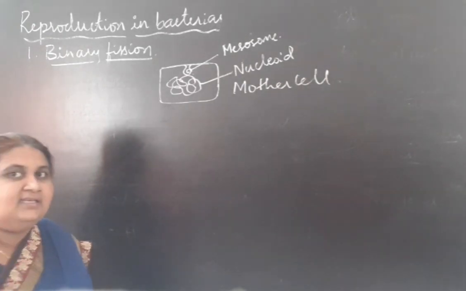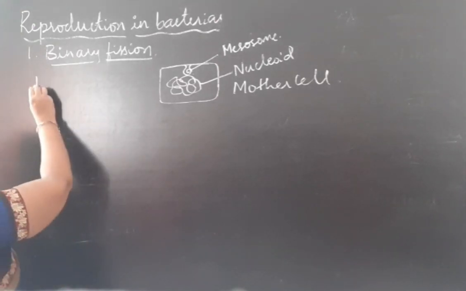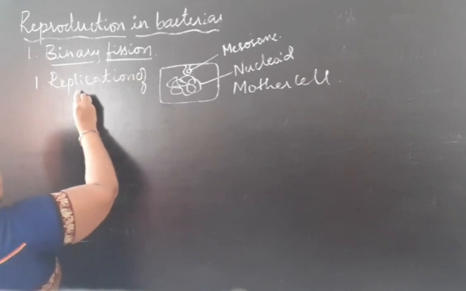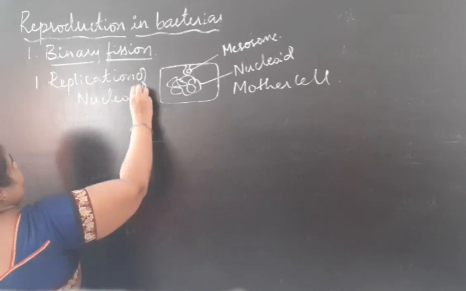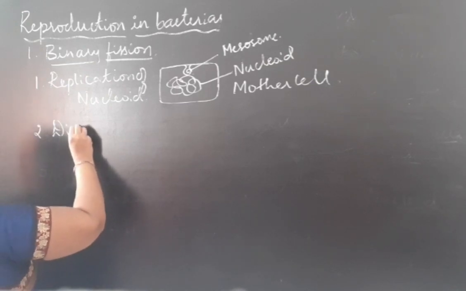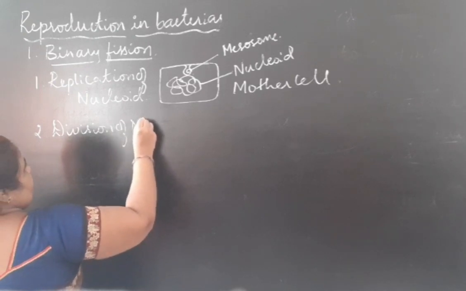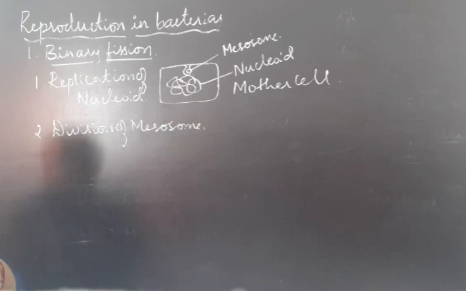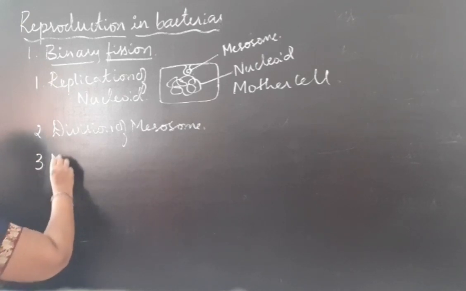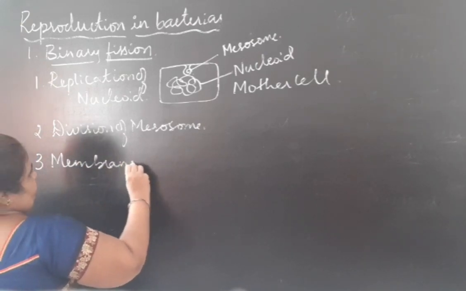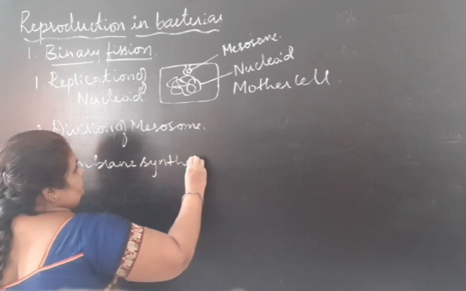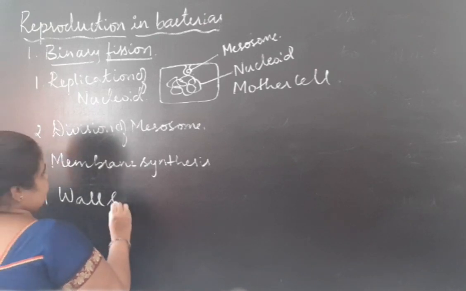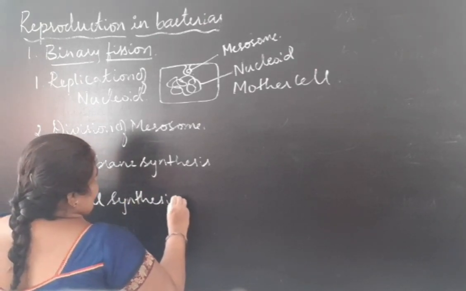So, steps involved in the process of binary fission: replication of nucleoid, division of mesosome, membrane synthesis, wall synthesis.